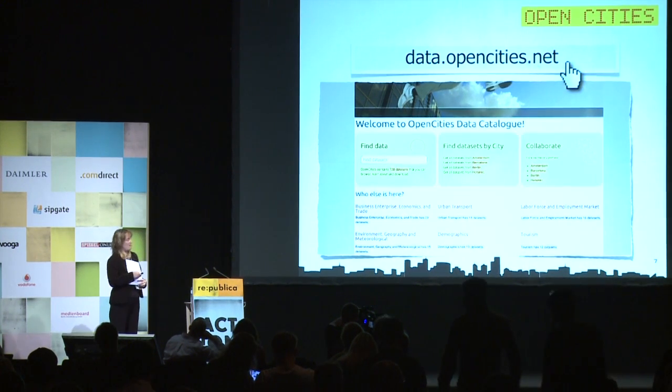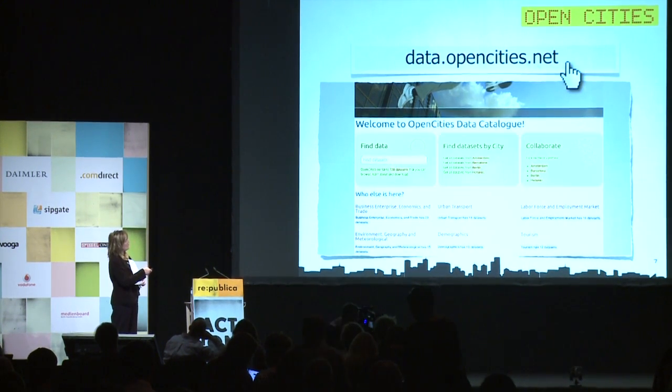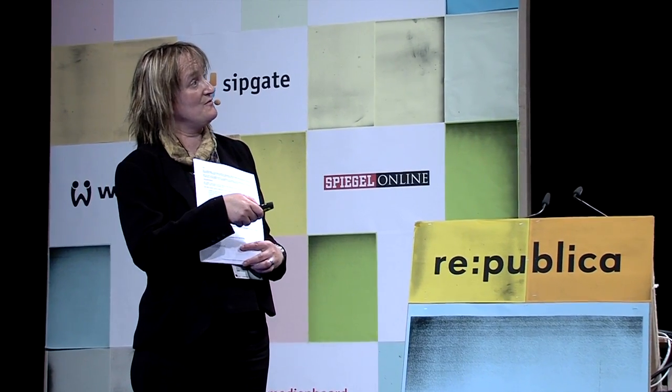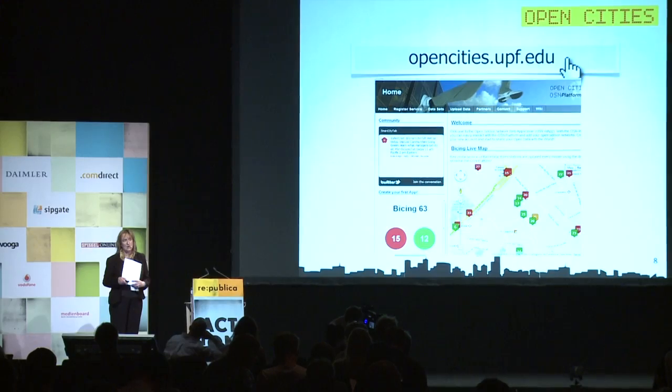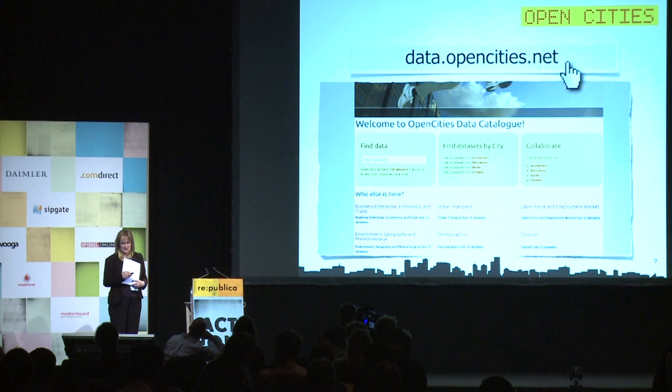You can go to data.opencities.net and find the data by city, or you can go for certain collaborations between people from the different partner sites. These are static datasets, already uploaded on the platform.